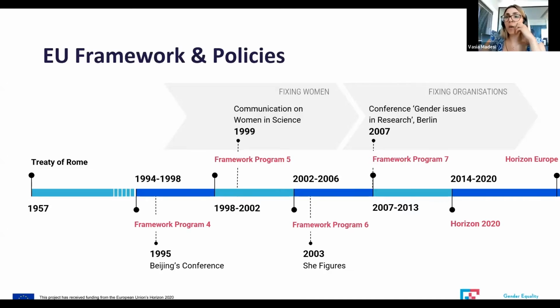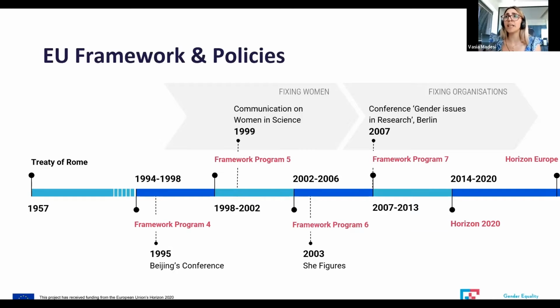This measure proved not to work due to the lack of knowledge and expertise on the side of the research performing organizations and of course the applicants of the framework program. So it was removed in Framework Program 7.